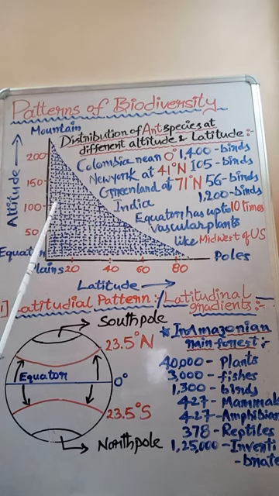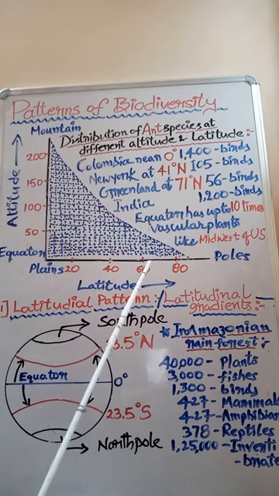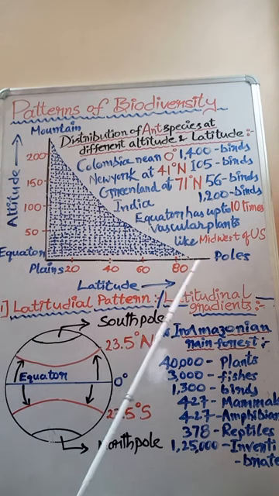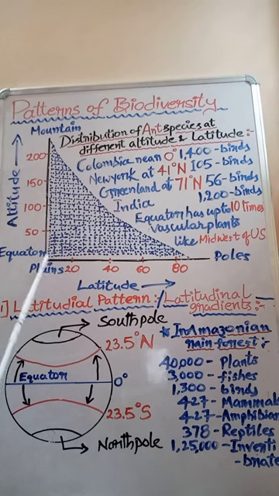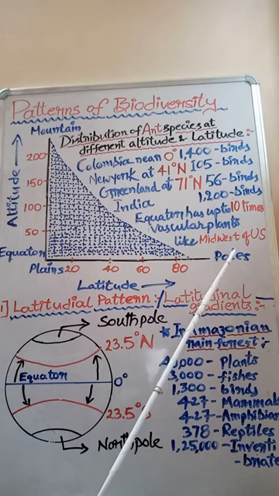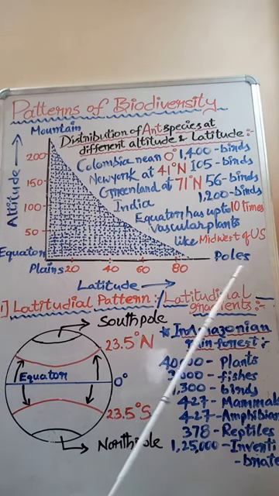So here you can say like 50 degrees Celsius. As we move from lower to higher latitude, like 20 degrees, 40 degrees, 60, 70, towards poles. From plains towards poles, it is from lower latitude to higher latitude.